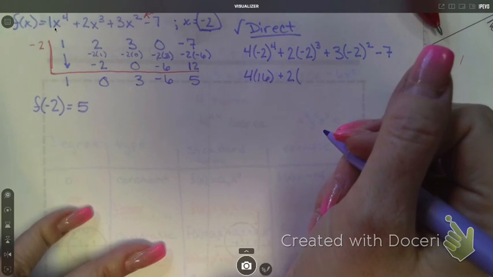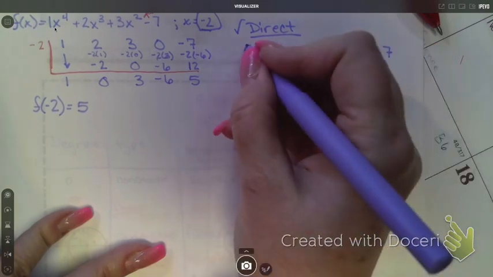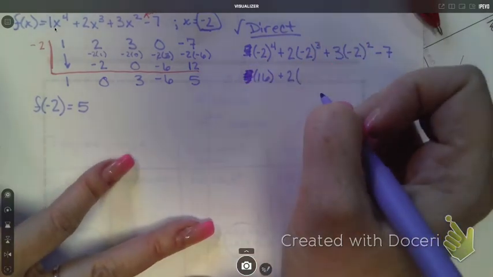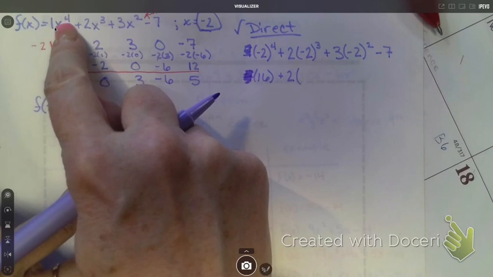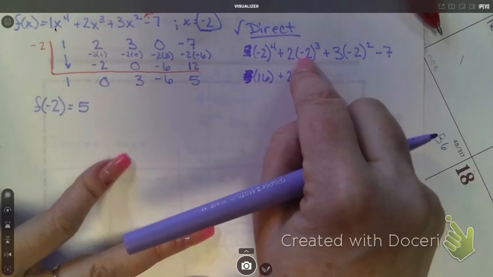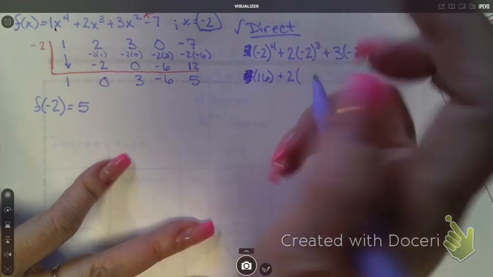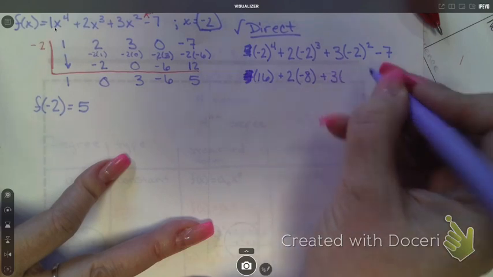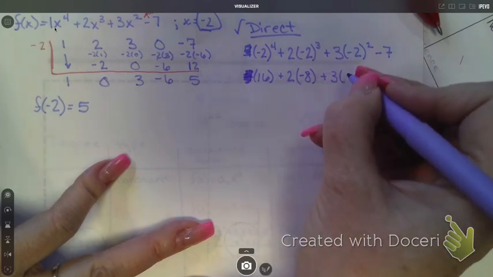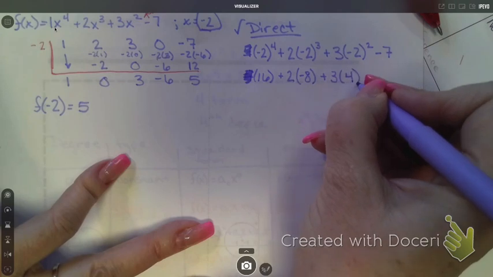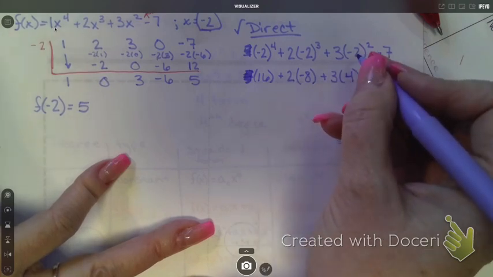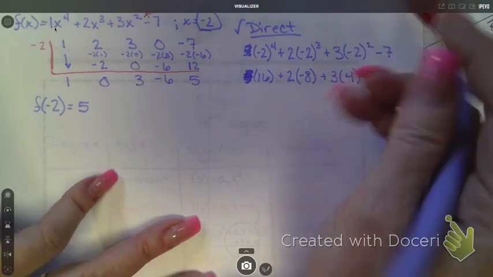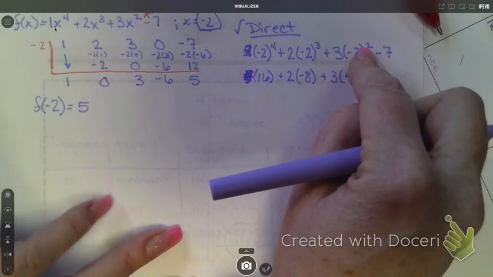How'd you get 4 times -2 to the 4th? Oh, that should be a 1. I don't know where I got 4. Sorry, thank you, Henry. I bet I looked over and saw to the 4th and just wrote the 4. Okay, so somebody said 8, but it's going to be a -8. And then plus 3 times -2 times -2, which would be positive 4, because there's only two negatives.